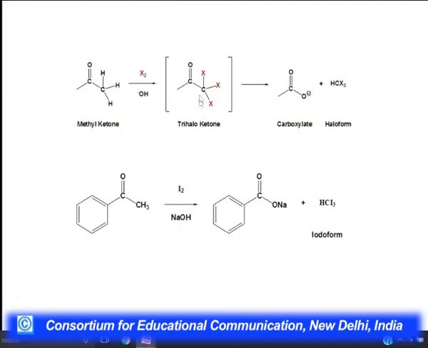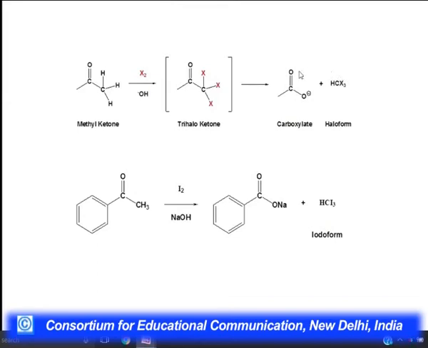Now this trihalo group becomes a very good leaving group. In the last step, we have an OH which will help in the cleavage of this trihalo group, resulting in the formation of the carboxylate ion and a haloform.